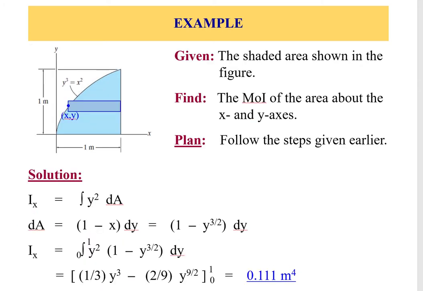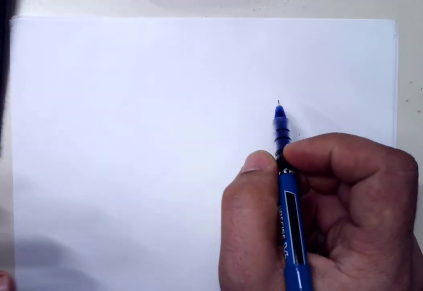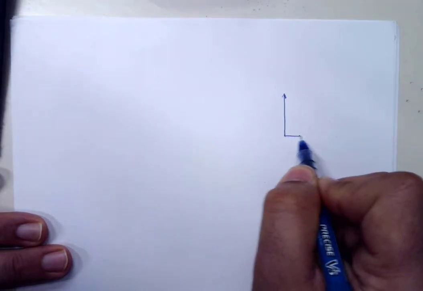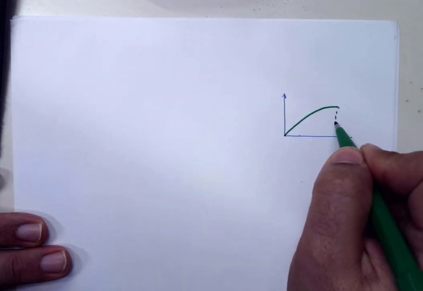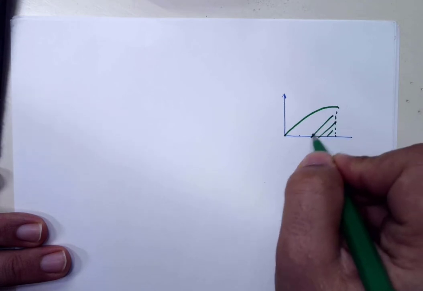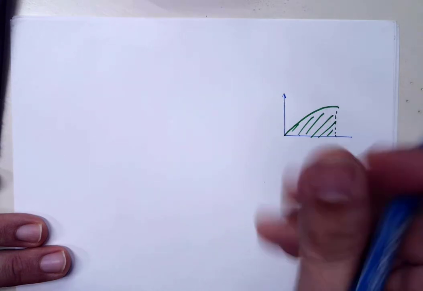Alright, so let's take this simpler problem, and we want to calculate the moment of inertia about x and y for the shaded area. I'm going to take the screen and try to solve it together. I'll try to use different colors. We are interested in calculating the moment of inertia for a function.